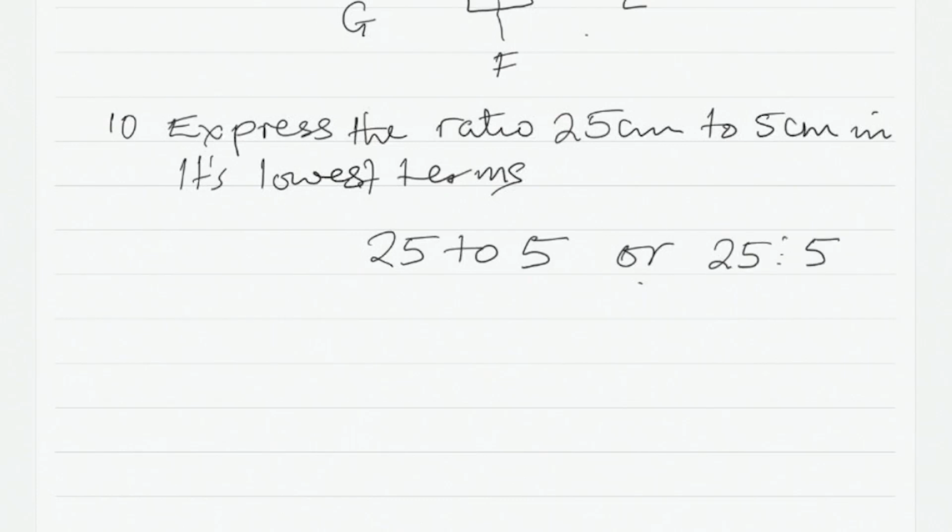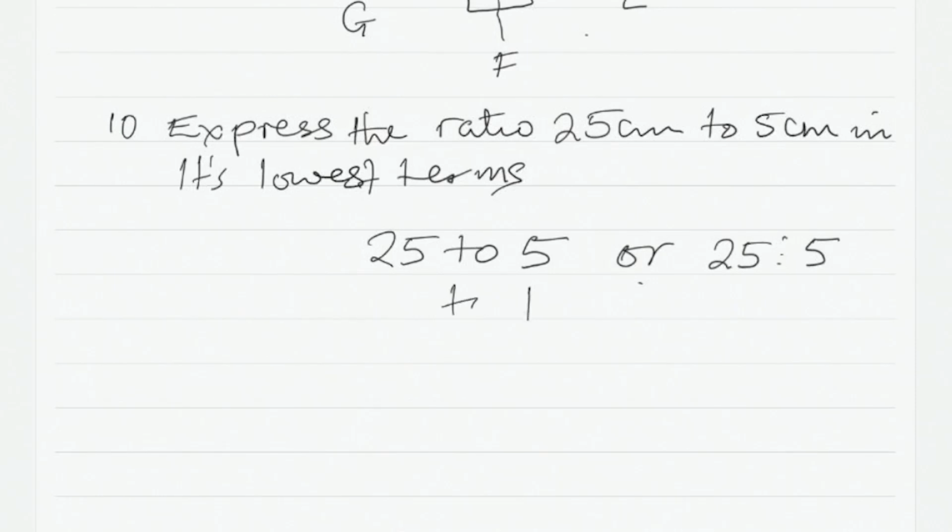So we're going to think of a number that can divide itself exactly into 25 and 5 without leaving any remainder. Of course, 5 can divide itself like that. So how many times can 5 go into 5? It is 1. How many times can 5 go into 25? It is 5.